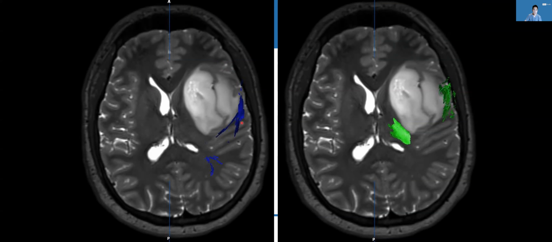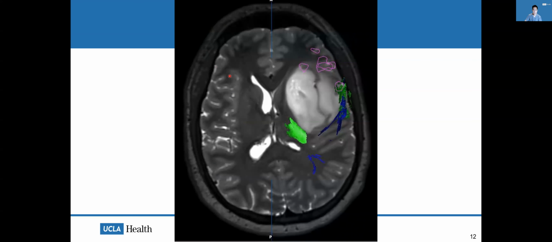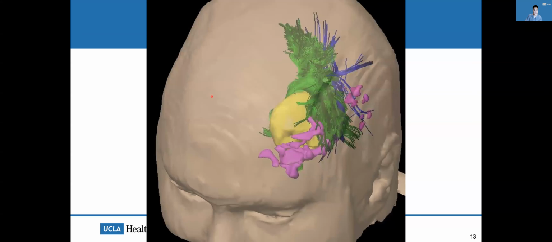And when you put this all together, you suddenly realize that what seemed to be a good corridor initially based on the structural MRI is indeed a minefield of important structures that we need to avoid in order to keep this patient's language and motor function intact. And so you can see how challenging this would be to go through that shortest corridor.